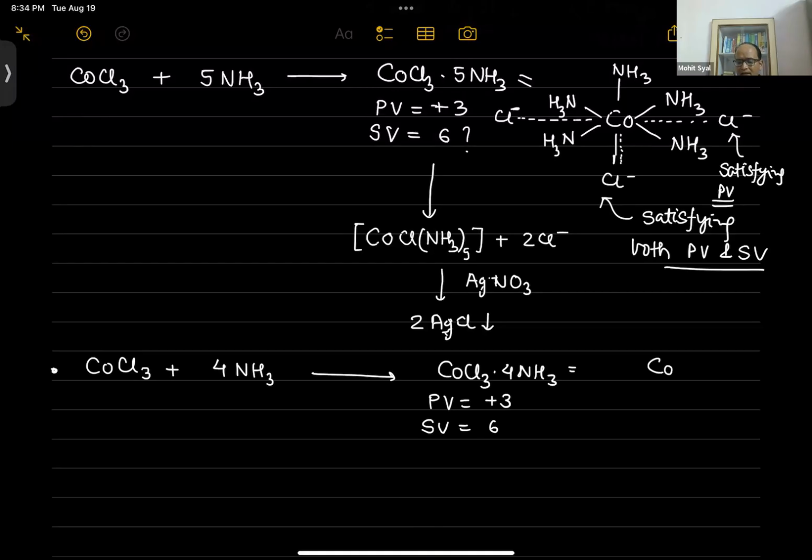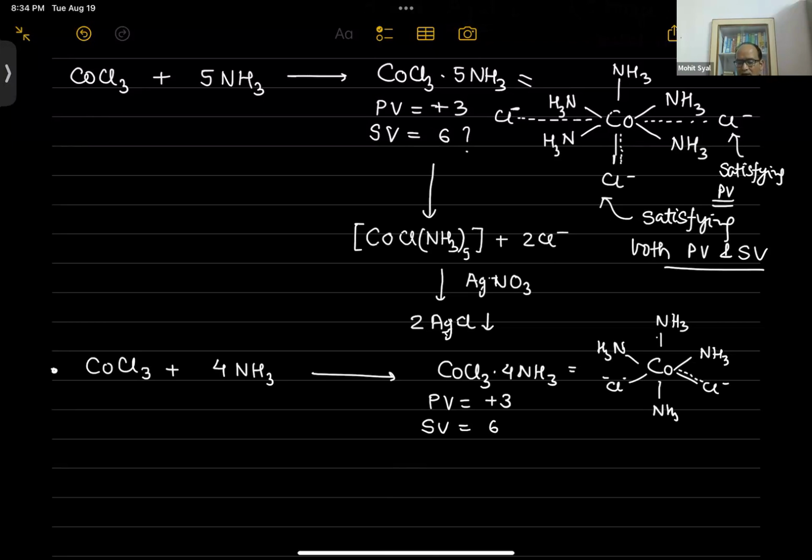So you can have cobalt. Got it? I will write 4 NH3. Two Cl minus I'm going to write, but I will show 2 types of connections together.